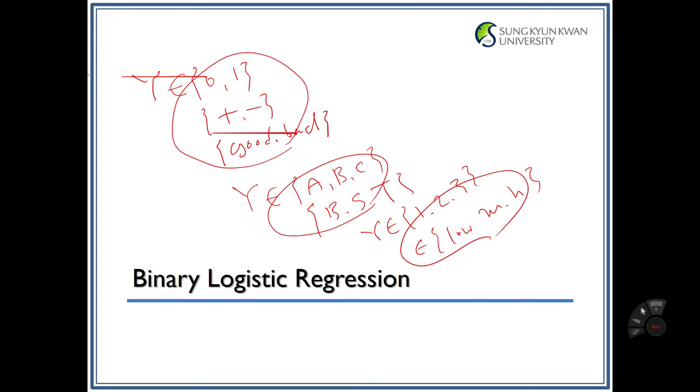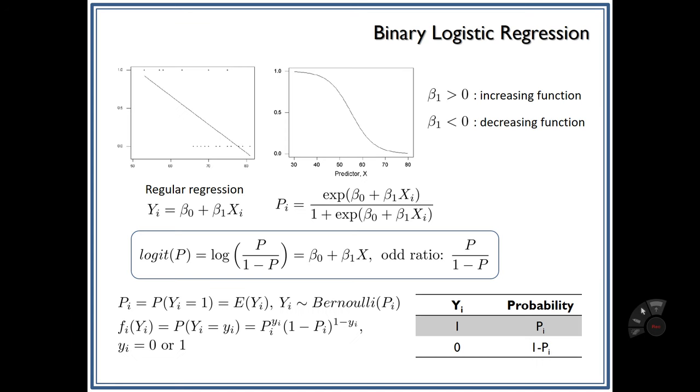So in binary logistic regression, please remember that y can take only two values. And just for notation convenience in this class, we will use 1 and 0. Okay, let us take a look at this figure. Because y can take either 0 or 1, and let us assume that there is only one x variable, this x-axis is x, and this y-axis is y.